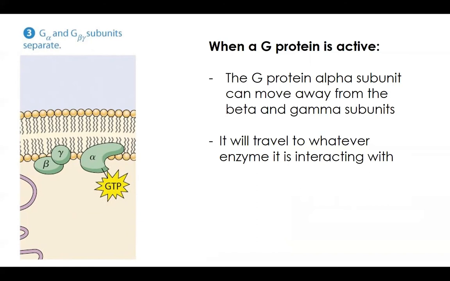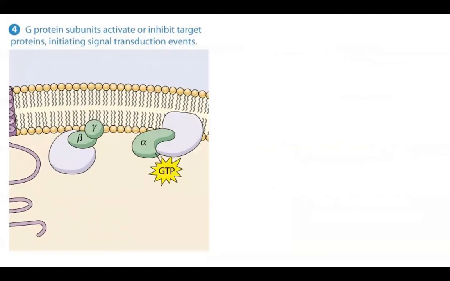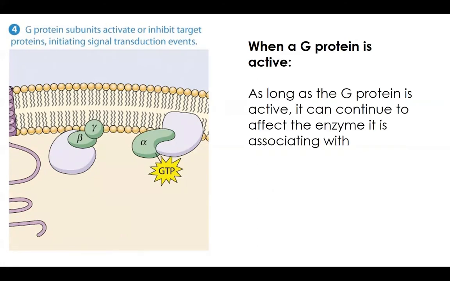So let's go ahead and take a look at the next step. You can see here's the original receptor over here. We're not using it now. Here's beta and gamma doing their own thing. We're not worried about it. The alpha subunit is now going to interact with some type of enzyme. So we can see that it's associating with something.